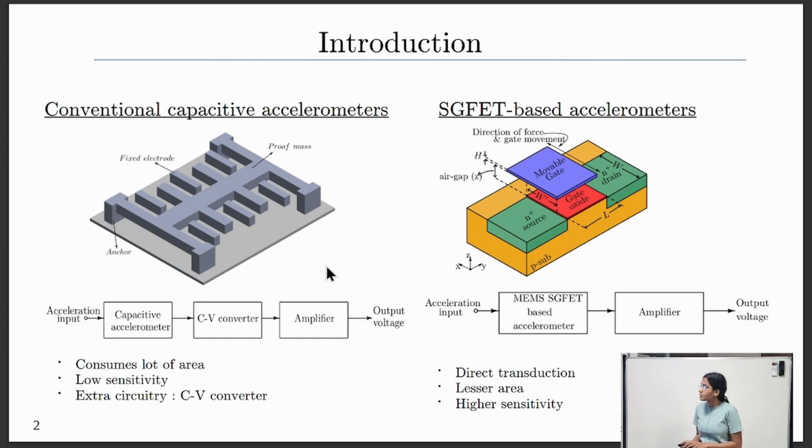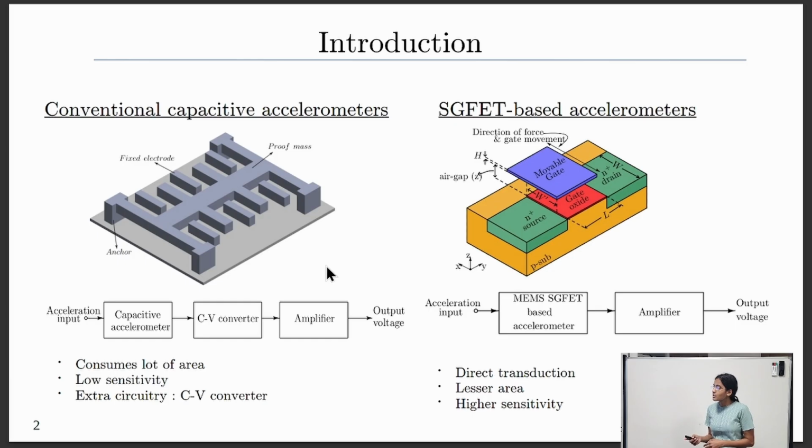To measure and detect the change in the physical quantity, which is capacitance, we have a capacitance to voltage converter and then an amplifier to amplify the electrical signal that we obtain. So this is the entire system of a passive capacitive accelerometer.